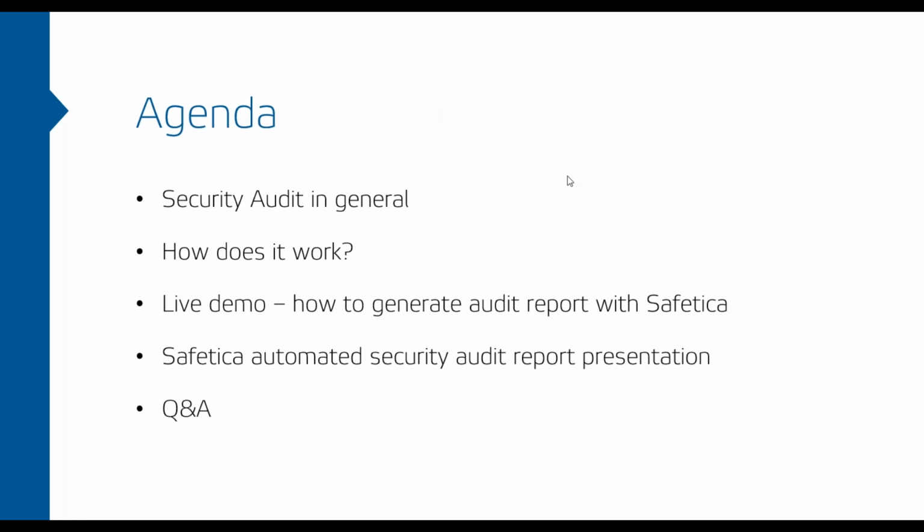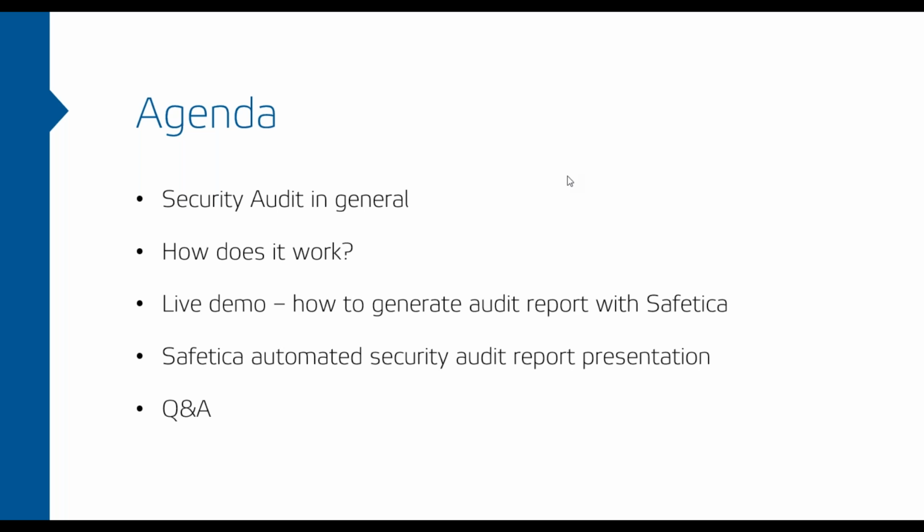I will very briefly run through the agenda for today. We'll take a look at security audit in general. What does it mean? What do companies need to go through a successful security audit? How does it work? Then we will take a look at the live demo and how to generate a security audit report with Safetica, how easy it is to work with this feature.